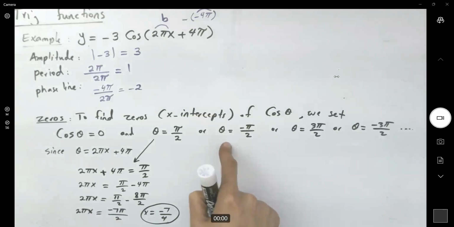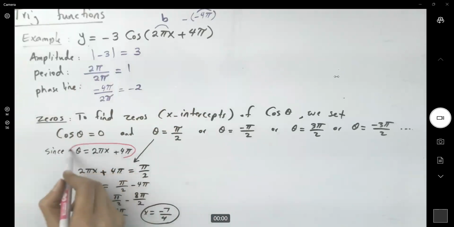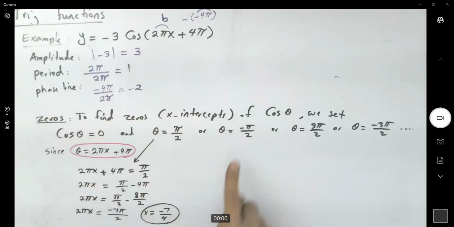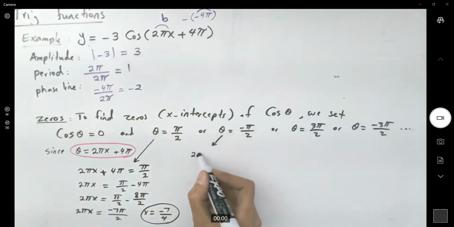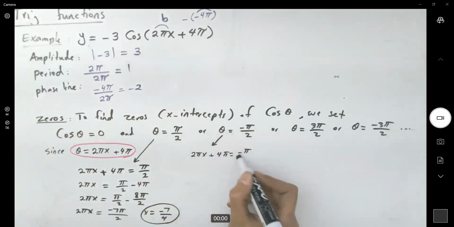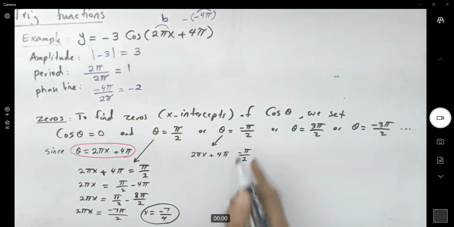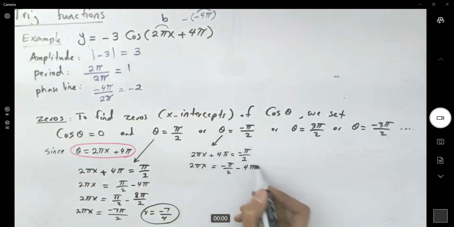Now, I'm going to set this angle. This is my angle. This is how the angle is defined. 2 pi x plus 4 pi, let me set it equal to negative pi over 2. So I have 2 pi x plus 4 pi equals negative pi over 2. The same process. Subtract 4 pi from both sides, you get 2 pi x equals negative pi over 2 minus 4 pi.